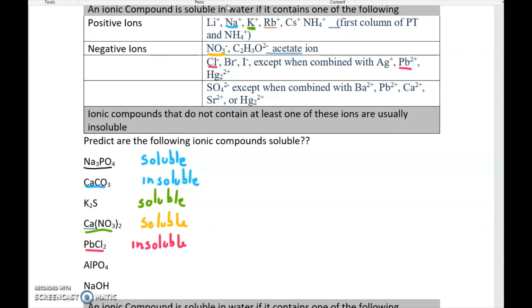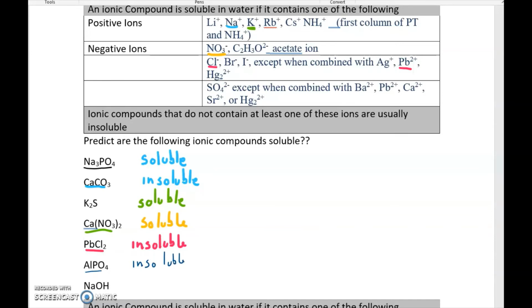Let's look at aluminum phosphate. Aluminum is not mentioned as one of our positive ions, and phosphate is not mentioned as any of our negative ions, so we'll say that this is insoluble because we didn't find it anywhere.